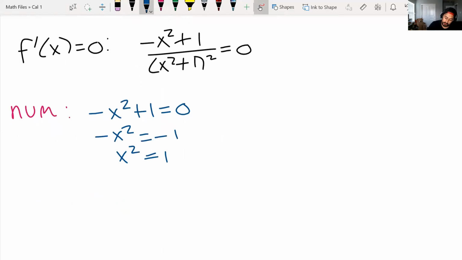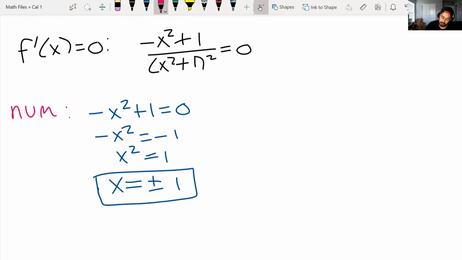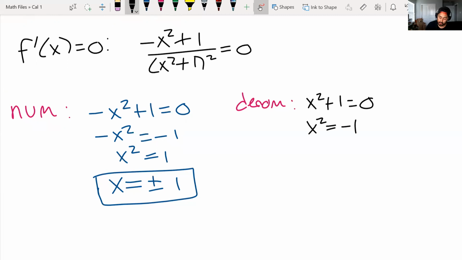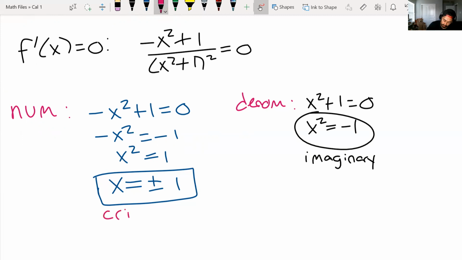And from the numerator, we get critical numbers of x equals plus or minus 1. From the denominator, we get x squared plus 1 equal to 0, and you would get x squared equals negative 1, but there are no critical numbers from this one because this is imaginary. So these are my only critical numbers.